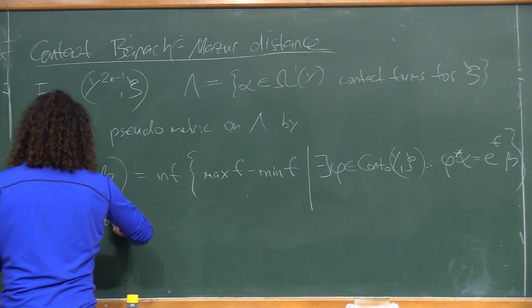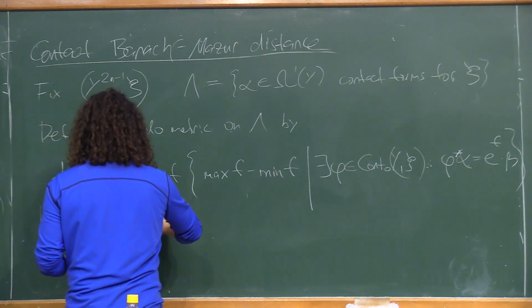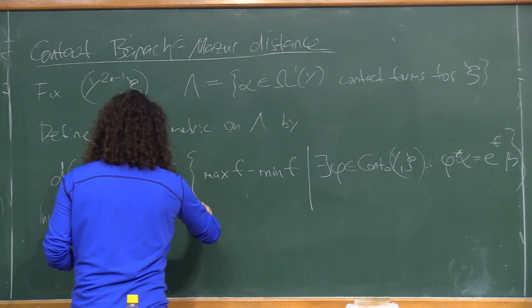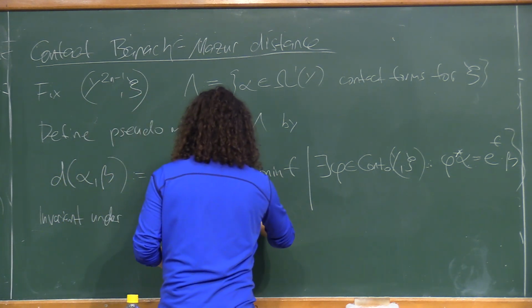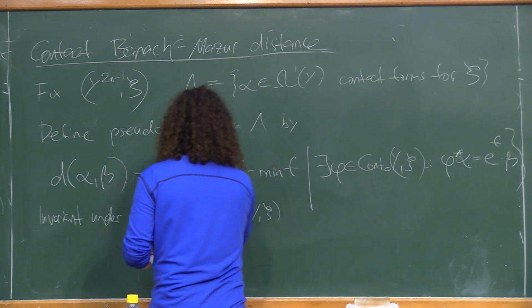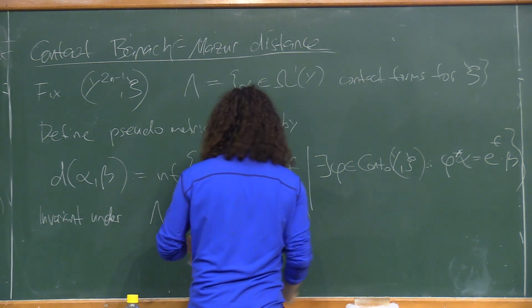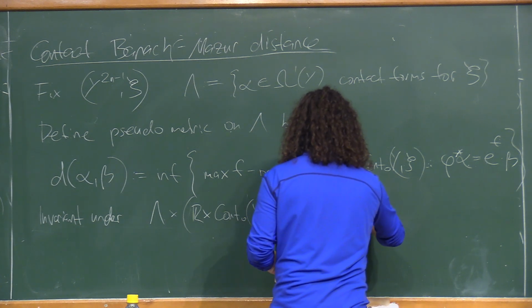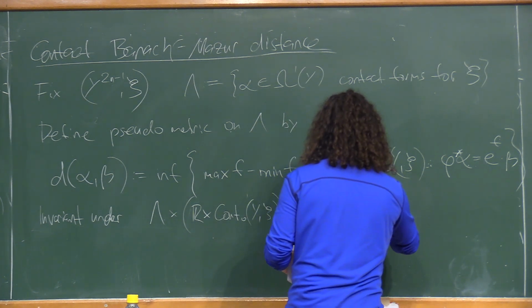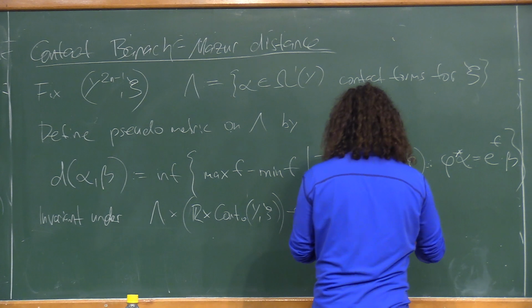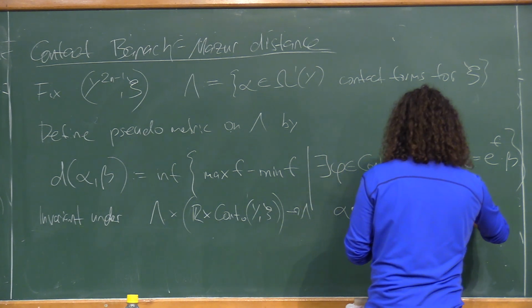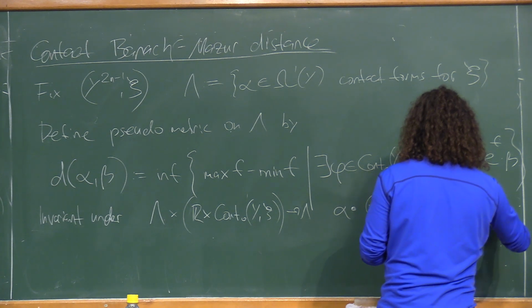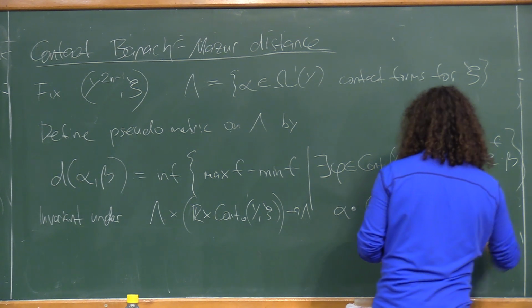This thing is actually invariant under a certain group action. We have an action on lambda of the group R cross Cont_0, where alpha is acted on by (s, phi) by e to the power of s times phi pullback alpha.